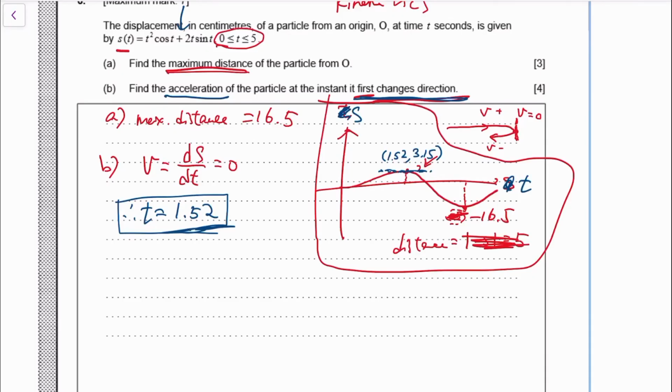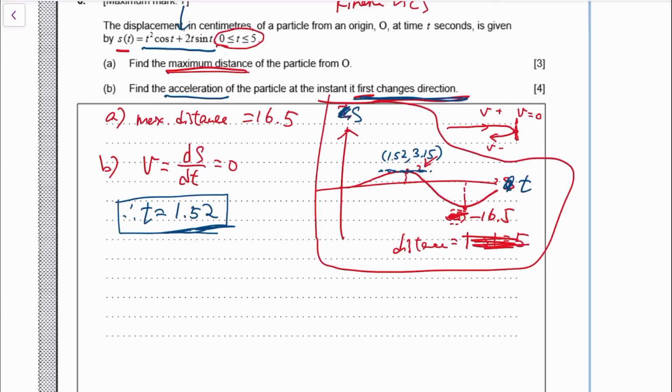But acceleration is the second derivative, so you need to tell the calculator to differentiate the thing twice. So basically you choose second derivative in the calculator. So if it's 1.52, you need to type in the function. You need to tell the calculator you want a second derivative, and type in the function.